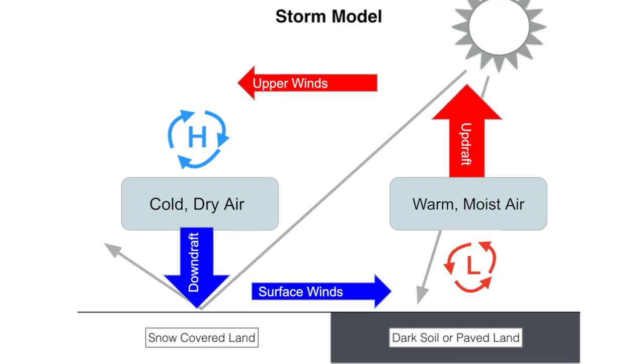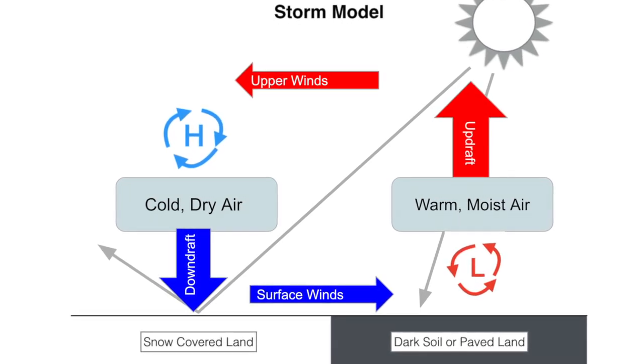Now, moving on to the next slide, you are going to look at the storm model again and actually see the arrows in use that we talked about, like the reduce, reuse, and recycle arrows. They are low pressure systems and high pressure systems.